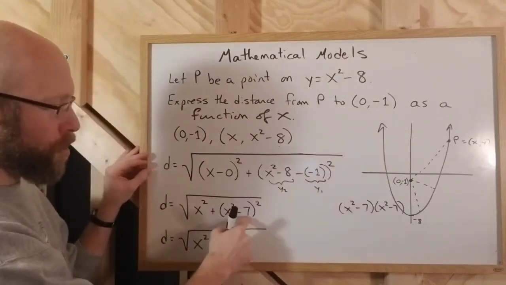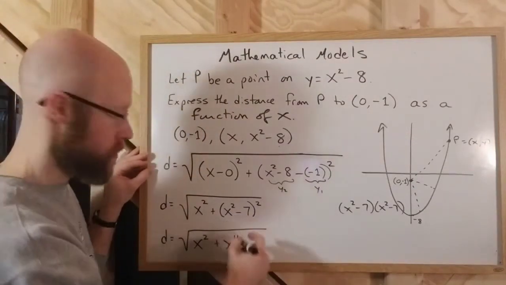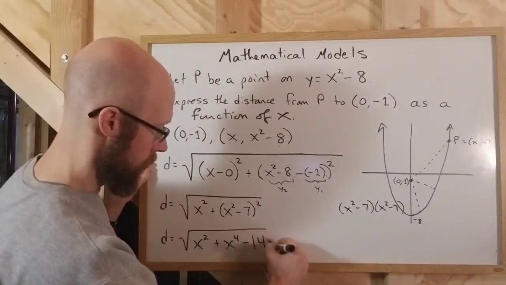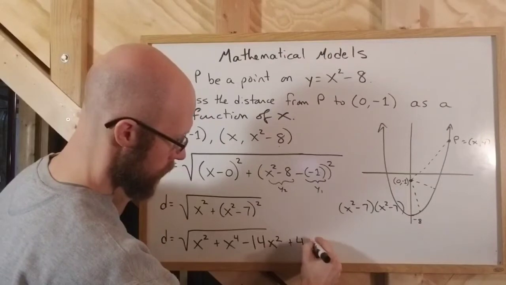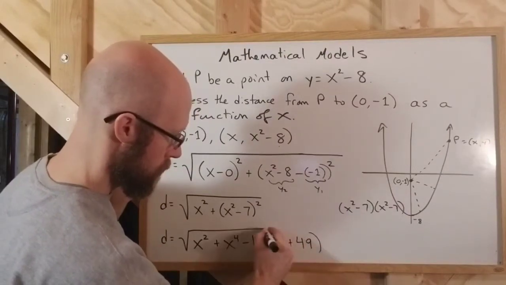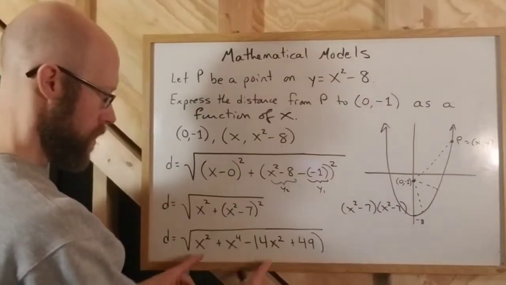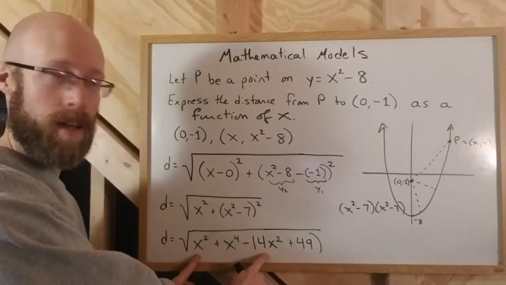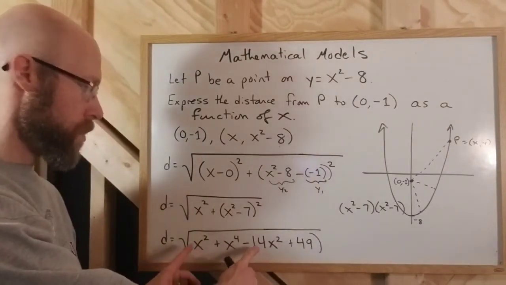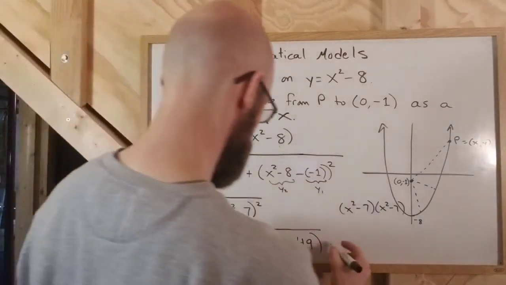Then you double the product of the 2 terms, so that would be minus 14 x squared, and then you square the second term, which would be a plus 49. And then you combine the 2 like terms after that, and so you get a minus 13x squared.